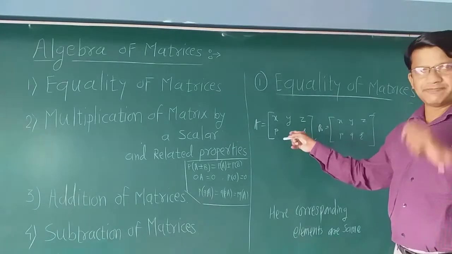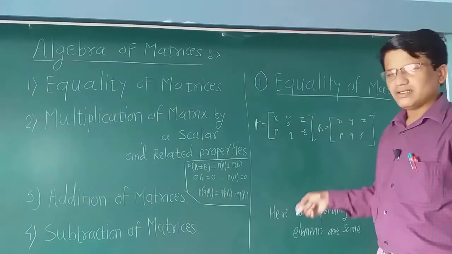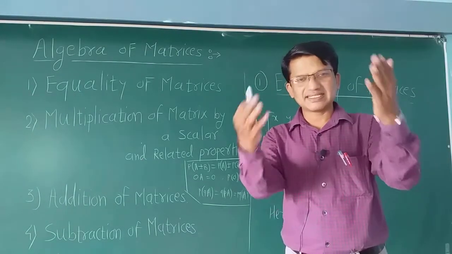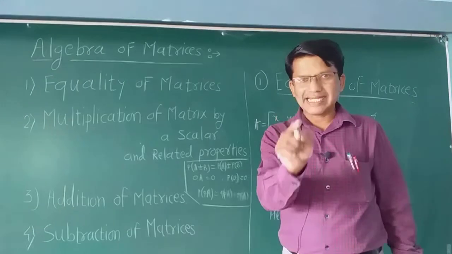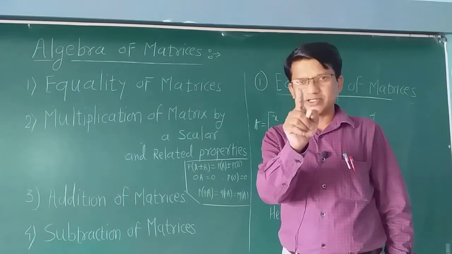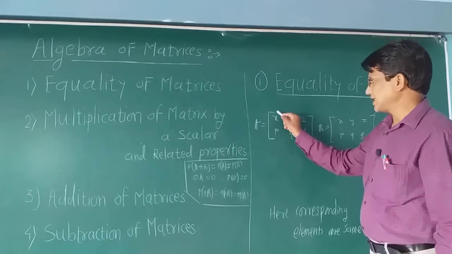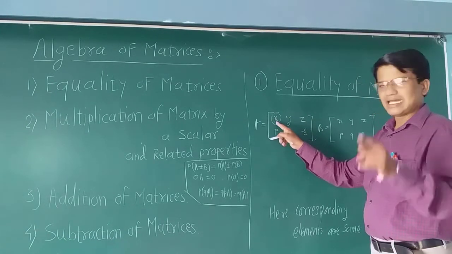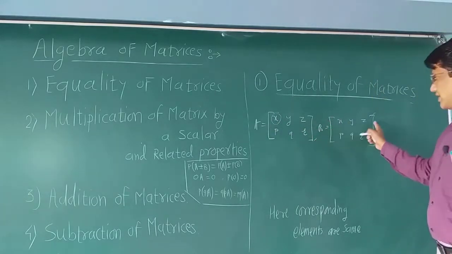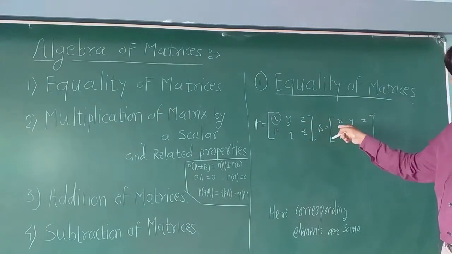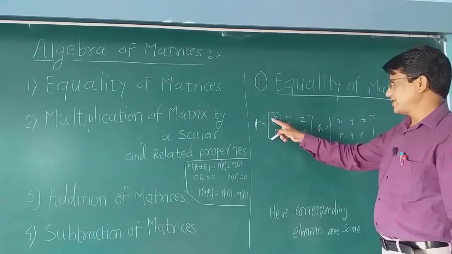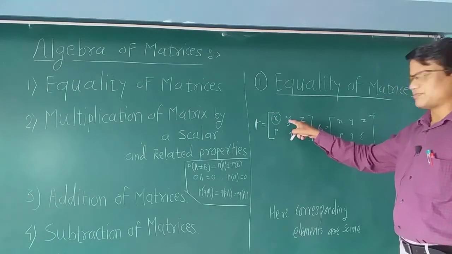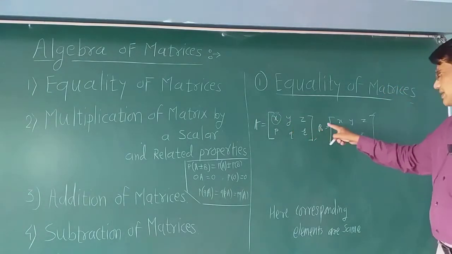Look here, matrix first and matrix second. These two matrices are given and try to observe corresponding elements. First row, first column having x. Here, first row, first column also having x. First row, second column, y. Here also y.